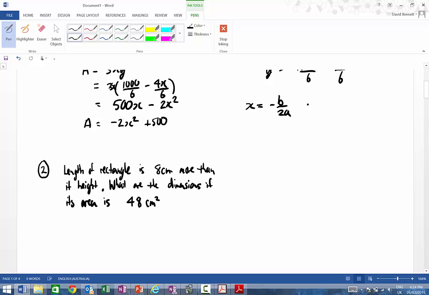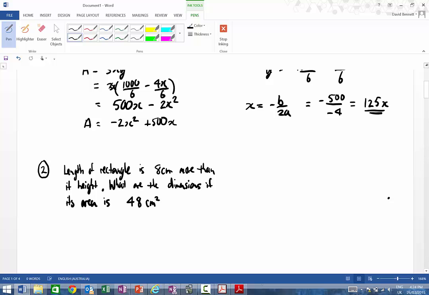So that means here the b value is going to be 500, so it's going to be minus 500 all over 2 times by a, which is going to be minus 4. So that means that's going to be 500 over 4, which is 125. That's what my x value is going to be.